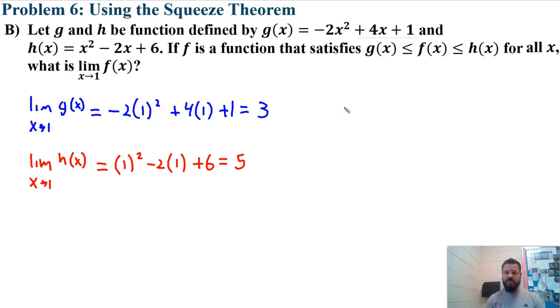So we'll just say it cannot be determined from the given information. The squeeze theorem is a powerful tool for evaluating some limits that you can't necessarily evaluate directly, but like we see here, it's not going to work in every single case. Here's a case where it cannot be determined.